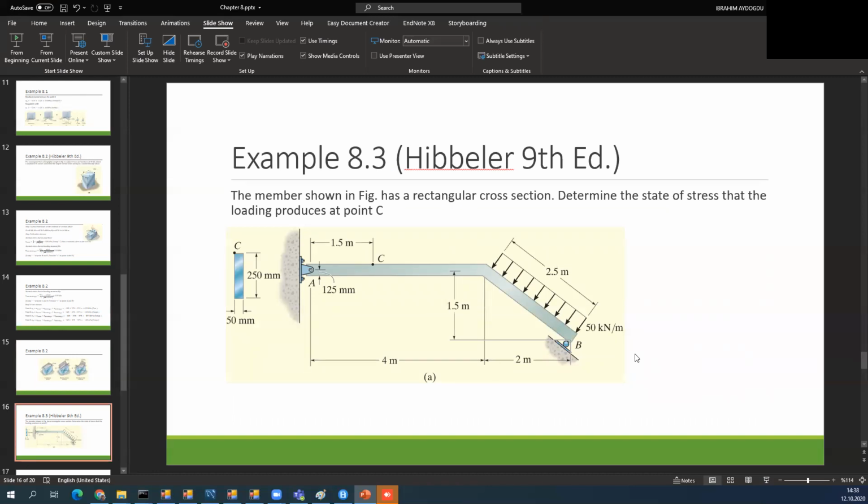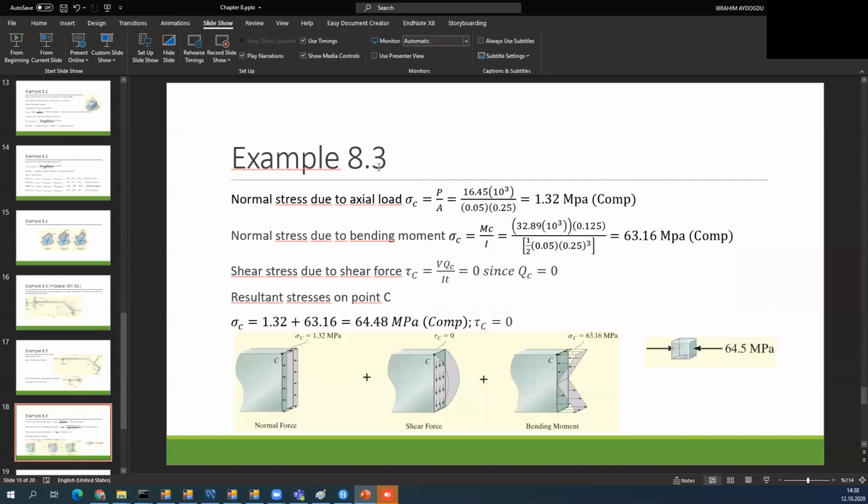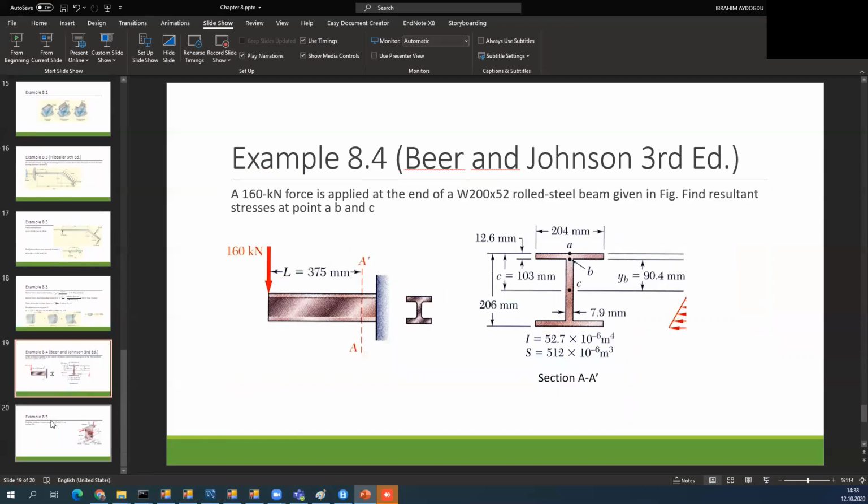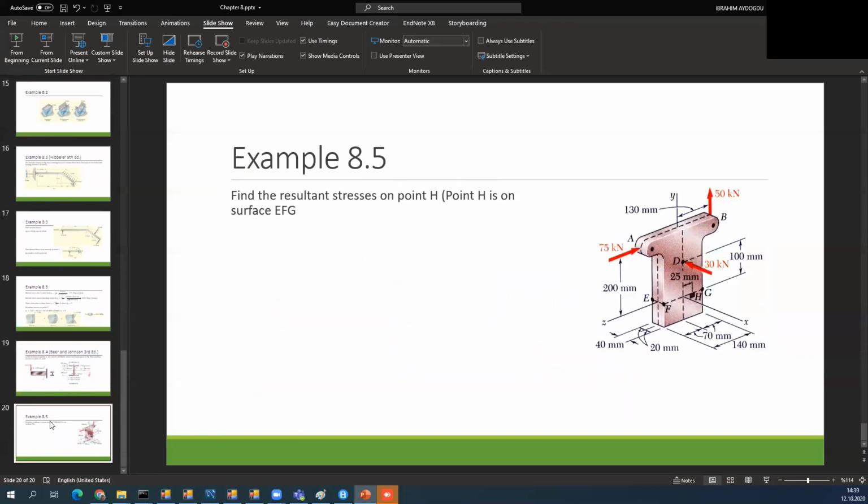Also, the solution of example 7.3 is available in the slide. Okay, you can check and try to solve by yourself. If you have any question, please ask on the Teams platform as a comment. The solutions of examples 7.4 and 7.5 are missing.